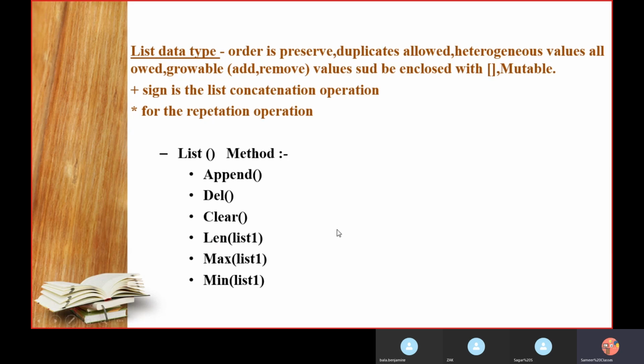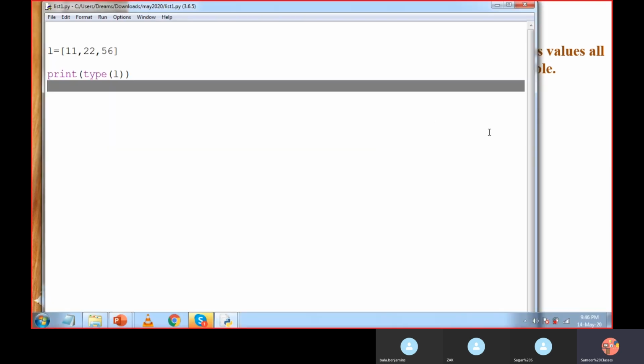Now if I want to repeat the list1 element values 2 times or 3 times, I'll write list1 star 2, so it will repeat 2 times. If I write list1 star 3, those elements will be repeated 3 times. Okay, so I'll show you.